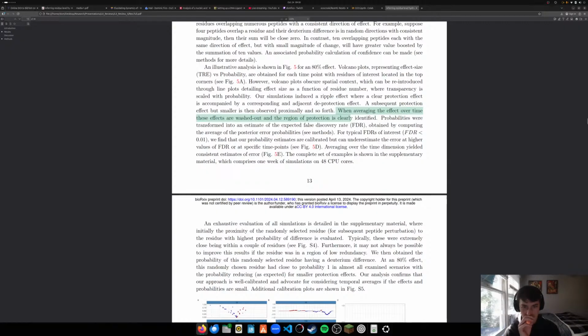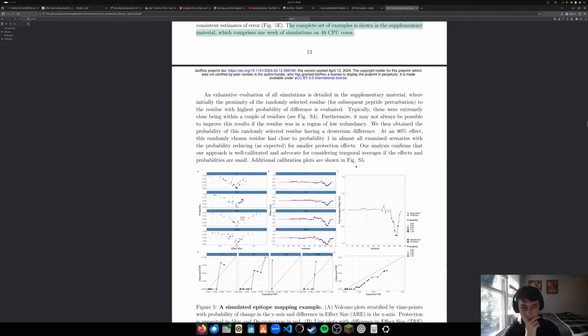Averaging the effect over time. Okay, probability is. So, an example is shown, which comprises 1 week of simulations. Damn, that's a lot.